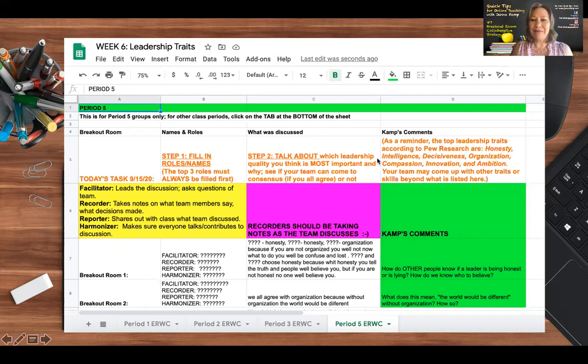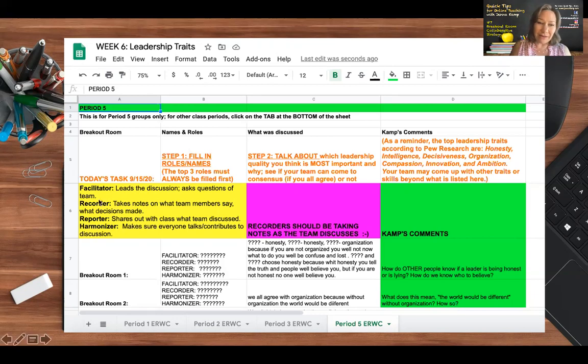Row 5 can change, and in fact it does change depending on what the content of their table talk discussion is. I always start with the day and date. You can see this was from this past Tuesday, September 15th, 2020. Step 1 is always to fill in the names and roles, who is fulfilling which role.